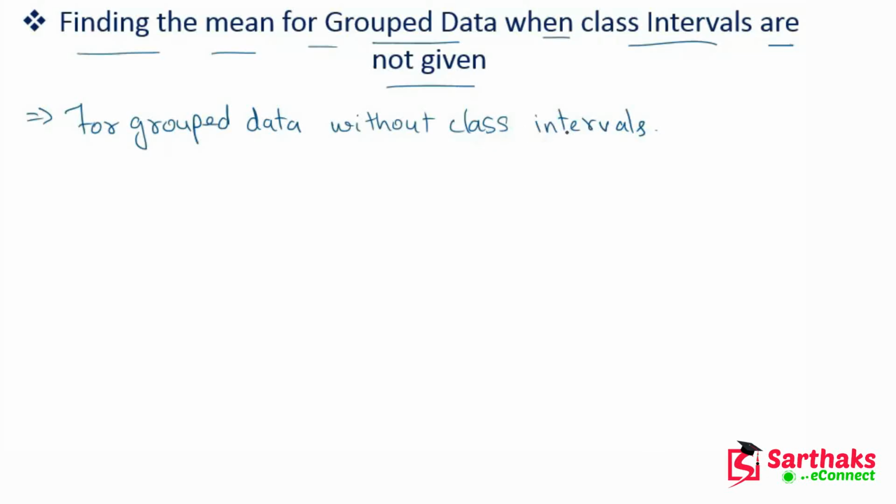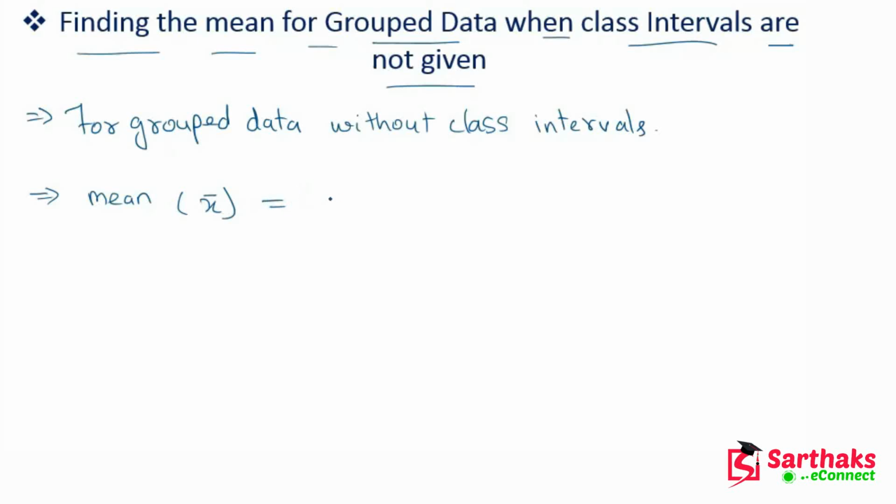Class interval we already learnt in the previous classes. Now, what is the mean in that case? We represent the mean as x bar. This is the representation of mean.